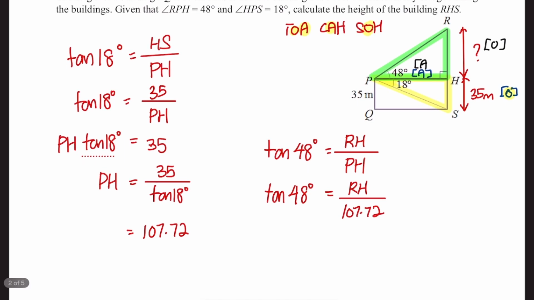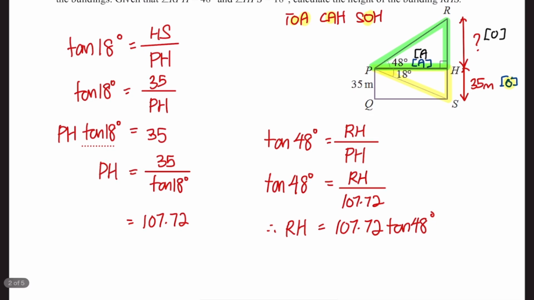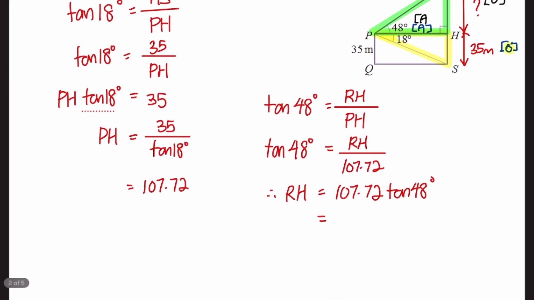Which means that, therefore, to find RH, I'll multiply 107.72 to both sides of the equation. RH is equal to 107.72 times tangent 48 degree. Okay, then you can press this in your calculator. Don't round off to 3SF yet because this is not the final answer. You should get 119.64 meters.